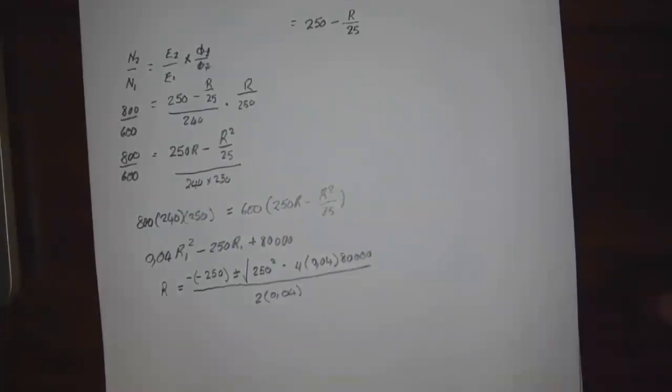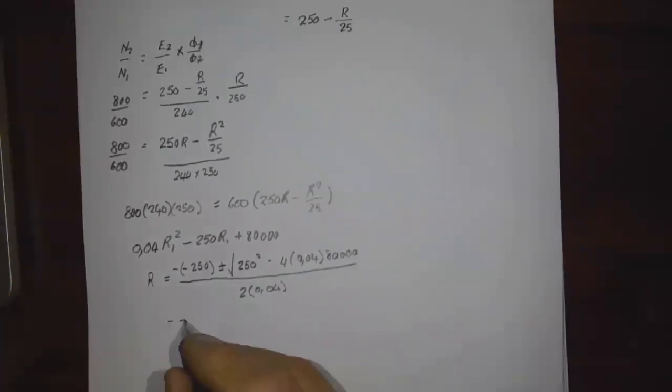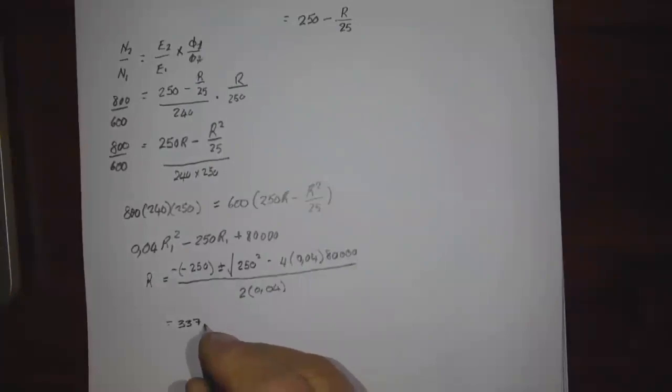Now it's a question of putting it in your calculator, and then you get that R is 337.5 ohms.